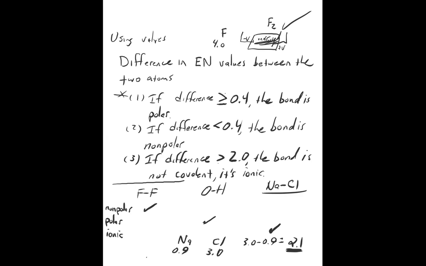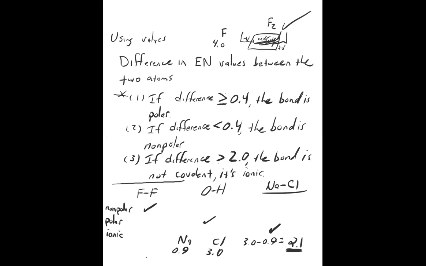So the electronegativity values very simply allow us to determine whether a substance is ionic or not. And what you find is that the alkali metals have small enough electronegativity values that when you combine them with a halogen like chlorine or fluorine, it comes out as ionic.